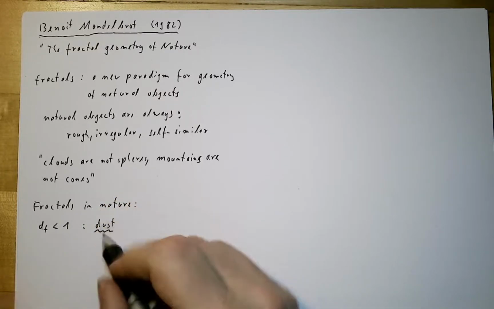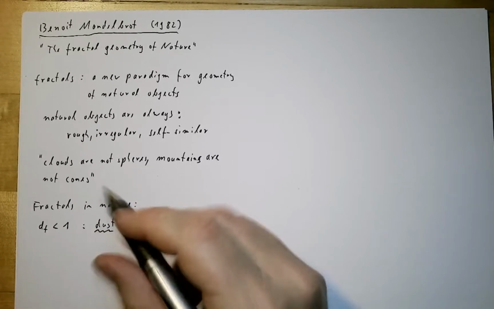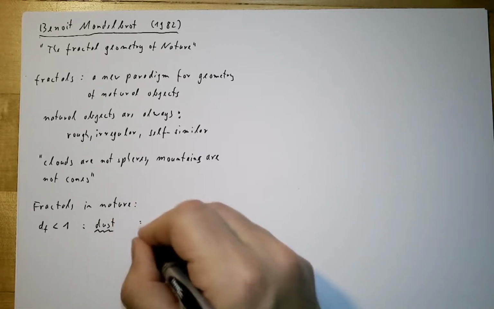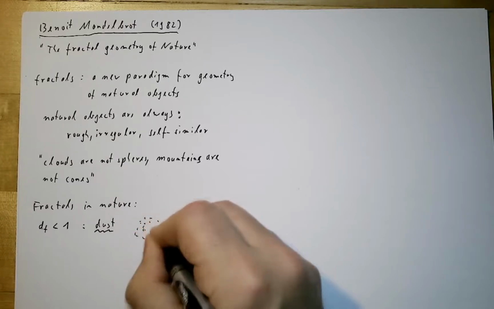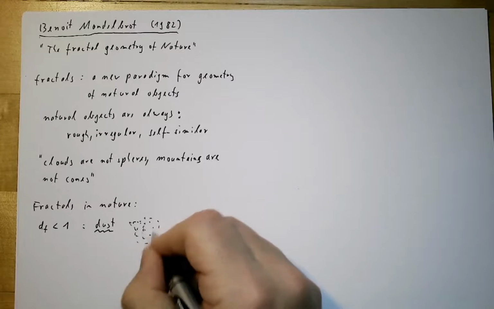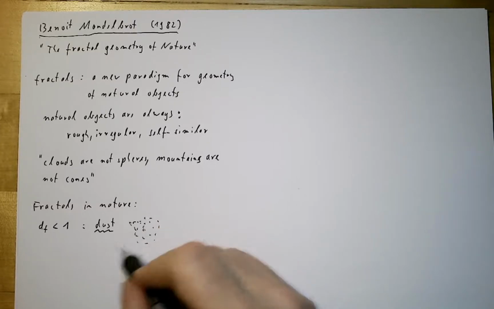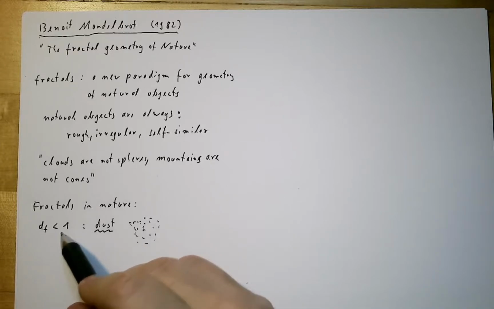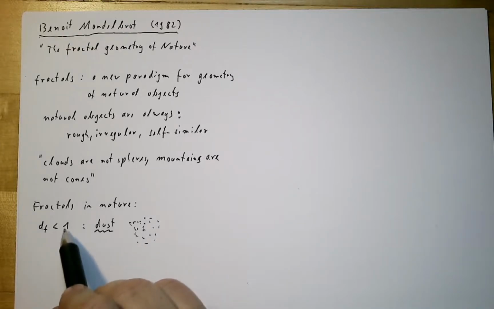Fractal dimensions like this occur if you have a clustering of points, where the number of points in a certain area scales with the radius. So you can have objects with a fractal dimension smaller than 1.